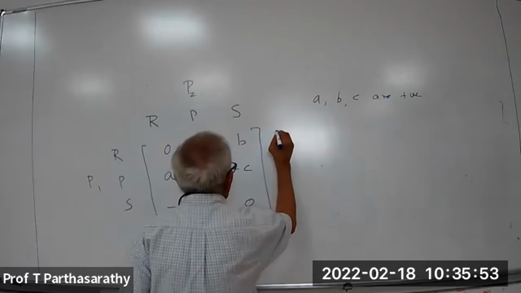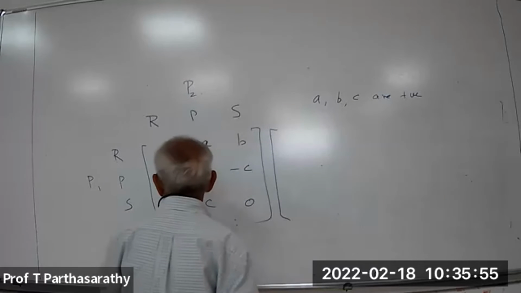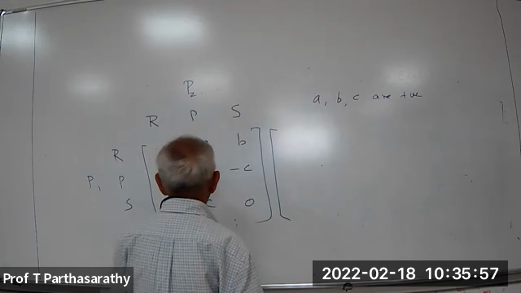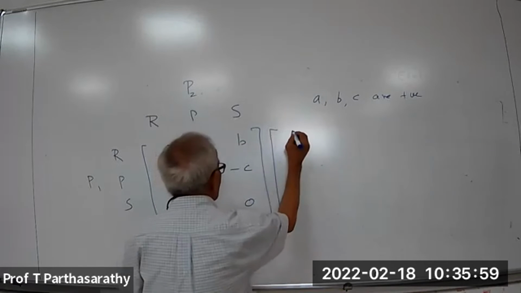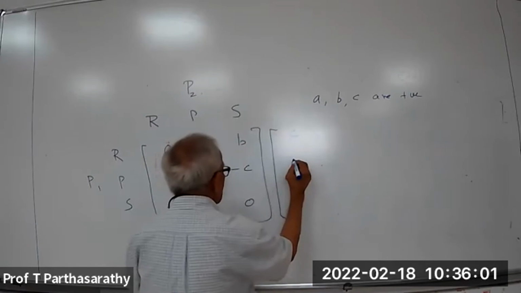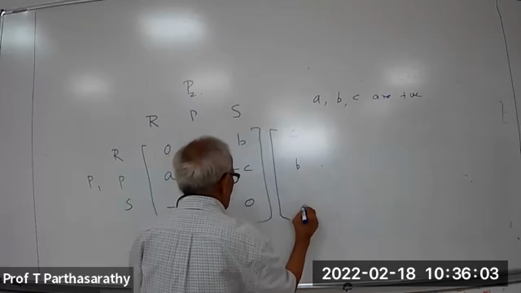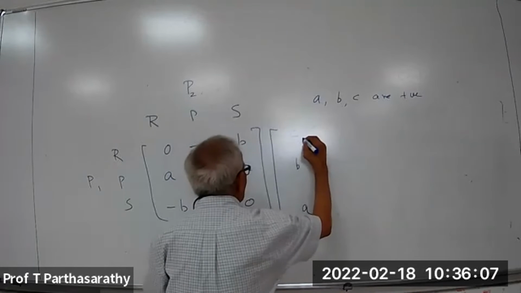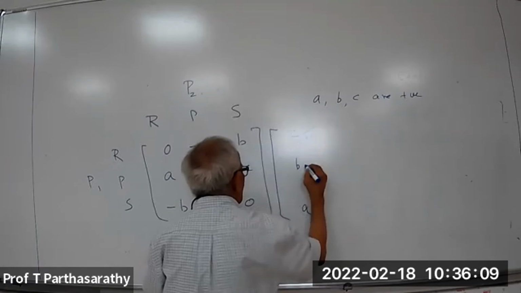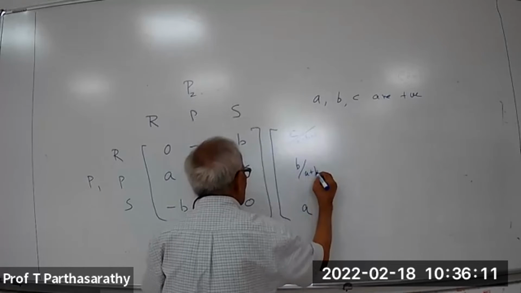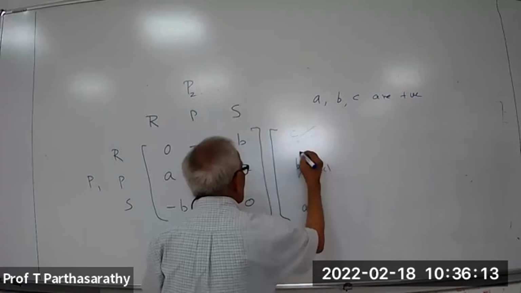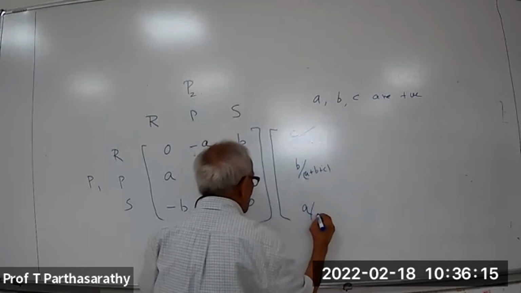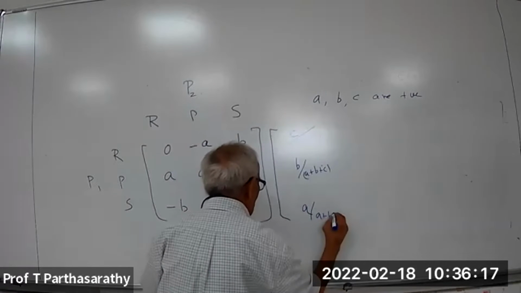Okay. So here I'm going to write one possible way of doing it. Minus B, C, B, A. And then I'm going to normalize it. A plus B plus C, A plus B plus C. Because I have to play a probability vector.